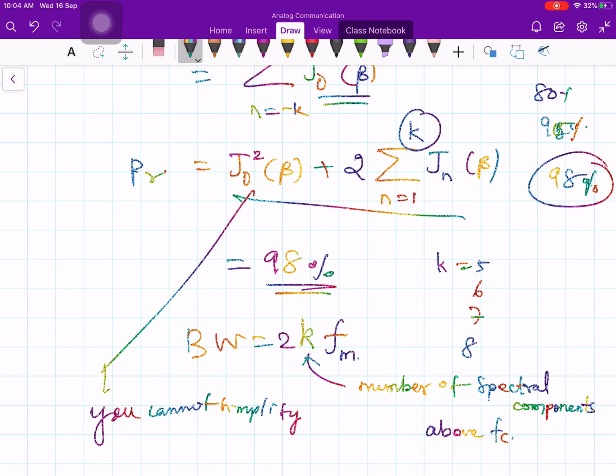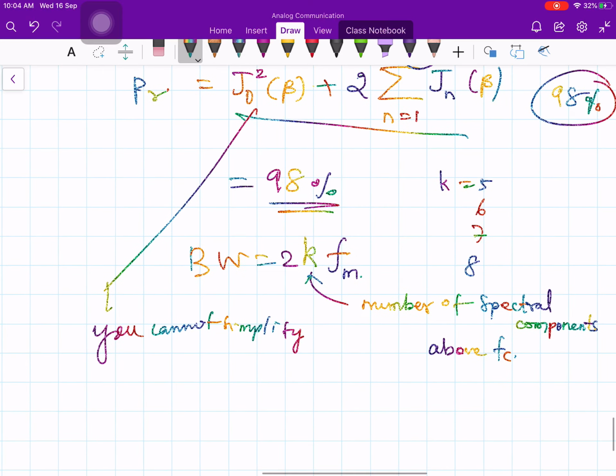So we need to look at the table of Bessel functions to see at what value of k this becomes 0.98.